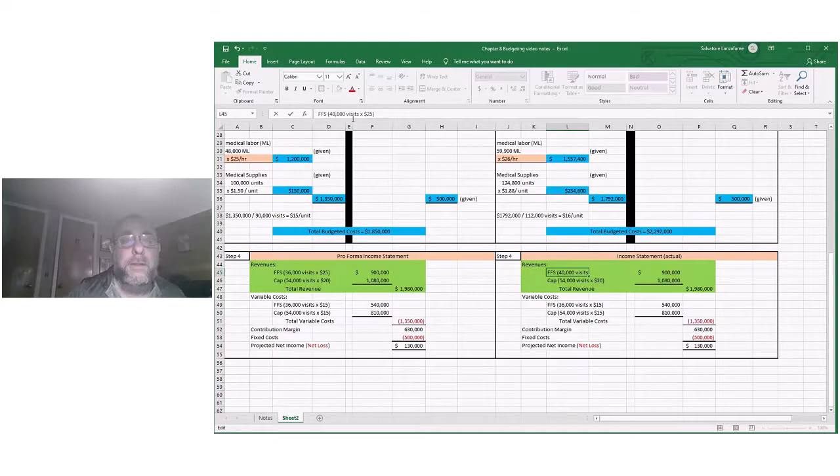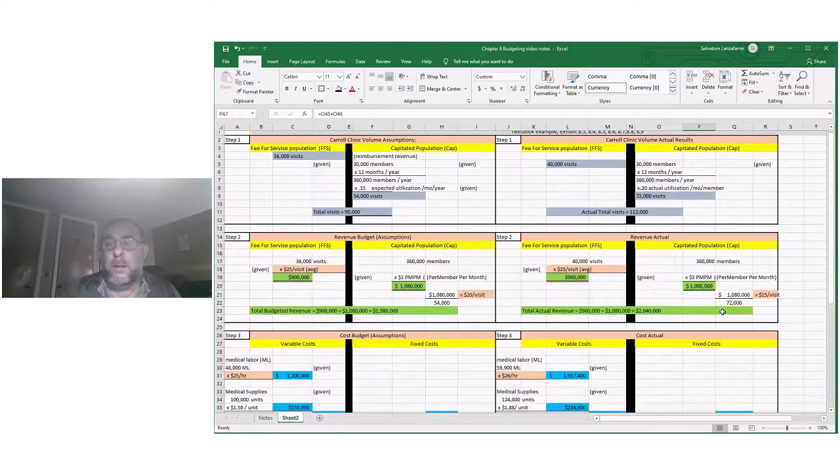Instead of 25, it's actually 24, which should be 960,000. Capitated revenue, instead of 54,000 visits, that's 72, at $15 per visit, which is still $1,080,000. Total revenue $2,040,000, which matches what we had.